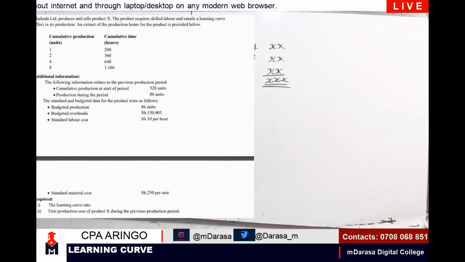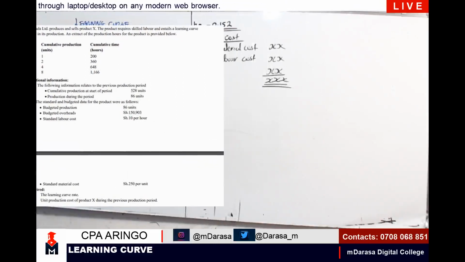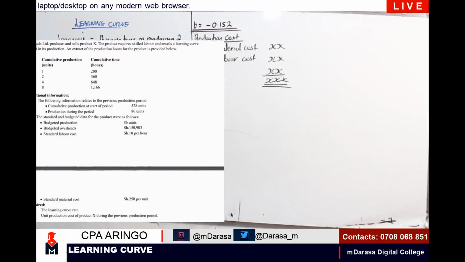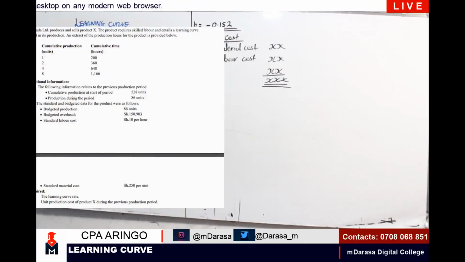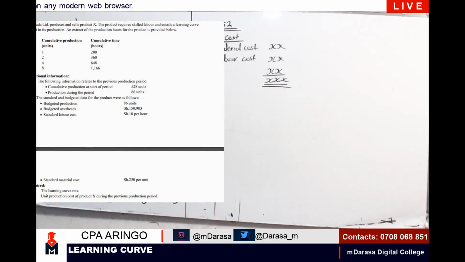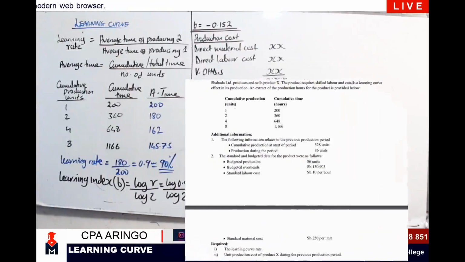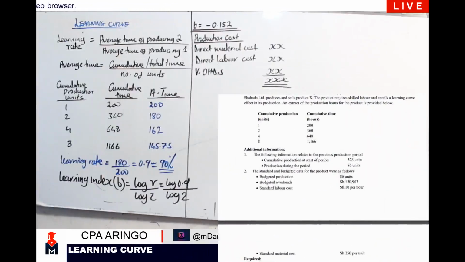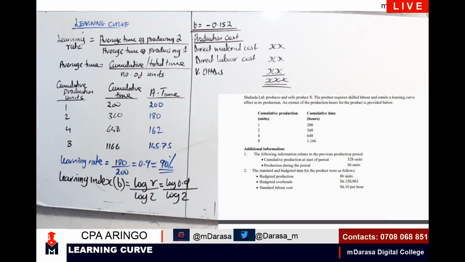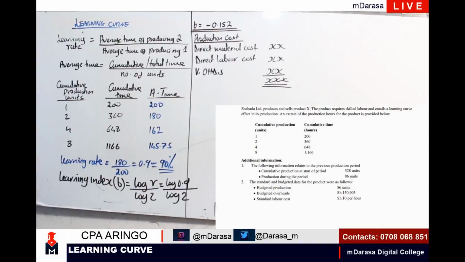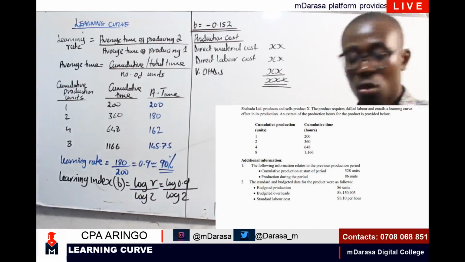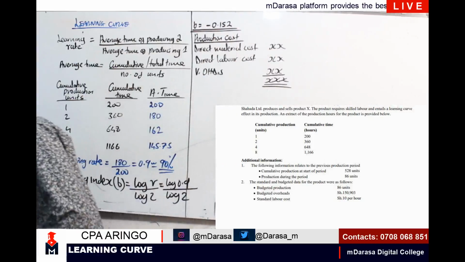I'll try to squeeze it here, this question of ours. I really want us to work it out with the question in place. So in this case, my good students, we want to determine our costs. So what were we given as our cost that we will be required to determine?